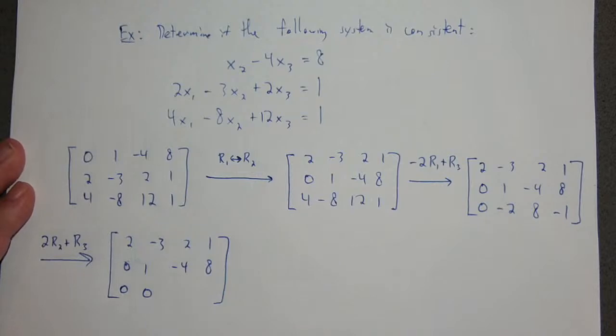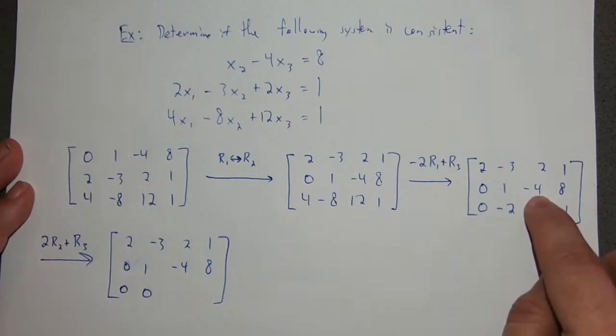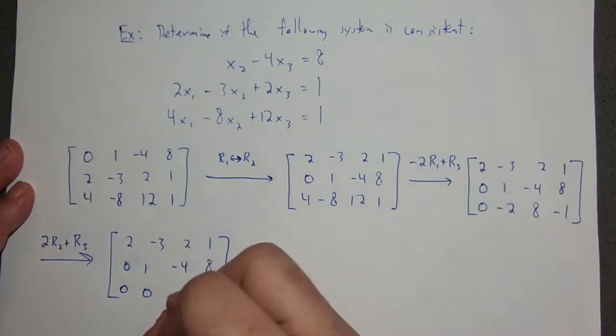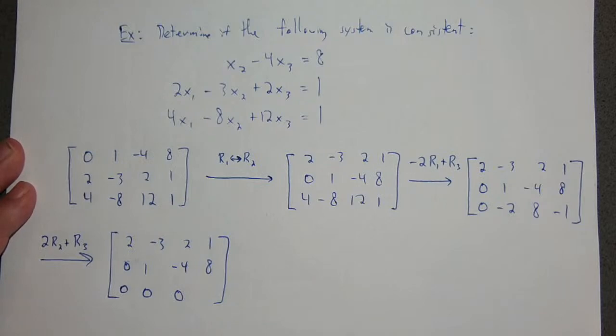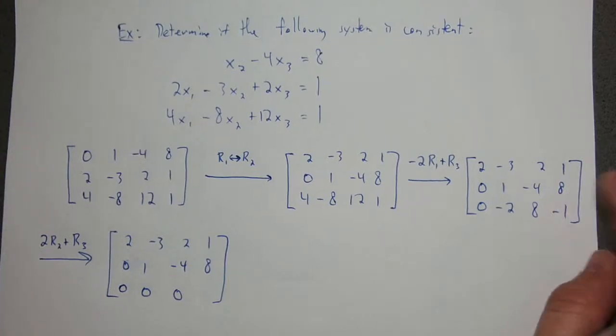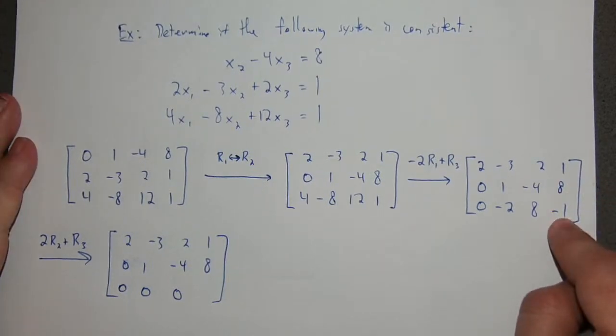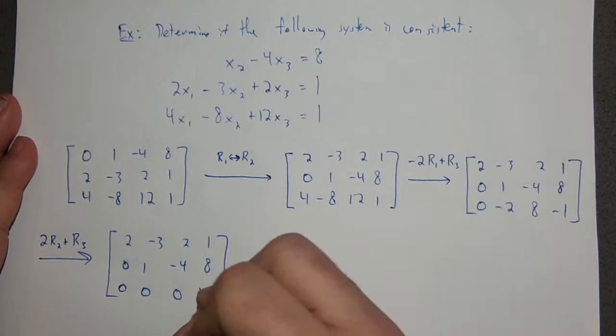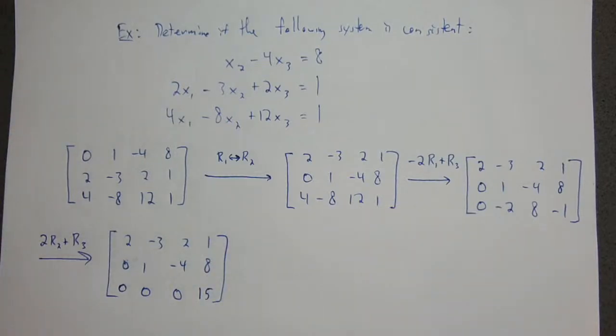That's the entire purpose I chose 2, so that had better work out like that. 2 times minus 4 is minus 8, plus 8 is 0. And 2 times 8 is 16, plus minus 1 is 15. So I've definitely made that last row simpler.